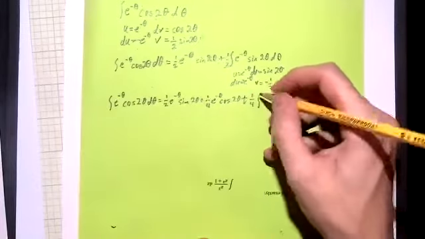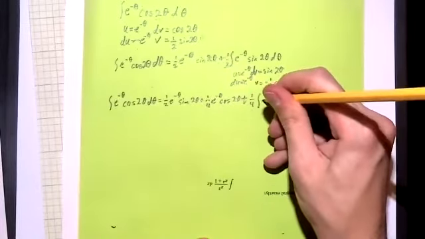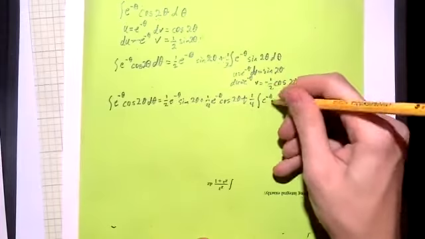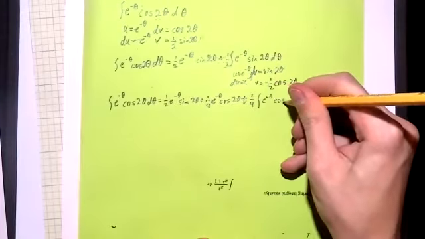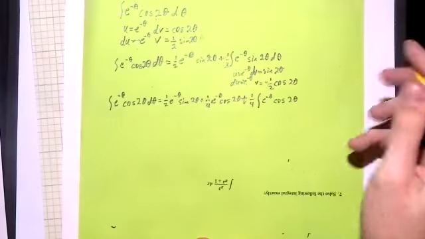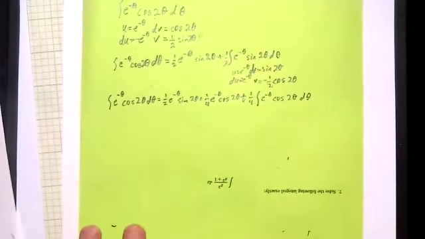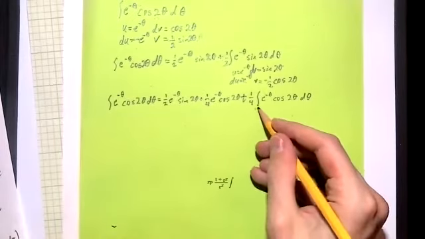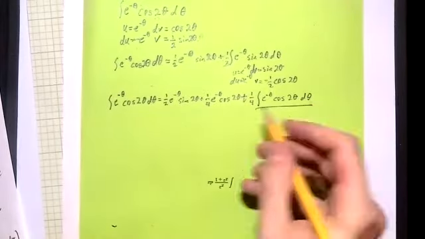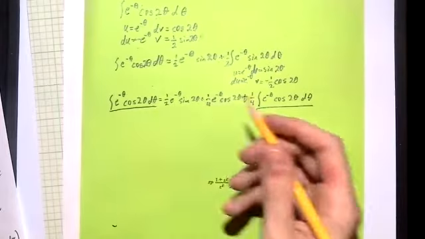And we now get e to the negative theta and then cosine 2 theta d theta. And now, if you have sharp eyes, you probably notice that this integral right here is the same as this integral right here.